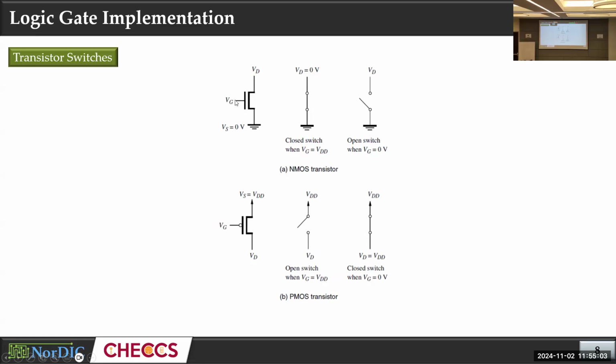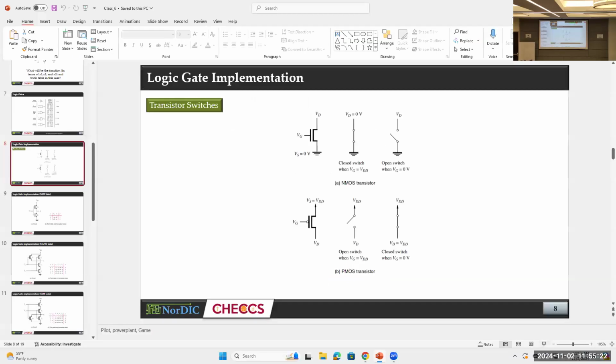So if you input 0 in the gate, the switch will not be connected. This will be disconnected. Simple. And this is called NMOS. The device here is a MOSFET, yes, but the short name of this device is NMOS. Let me write it down.